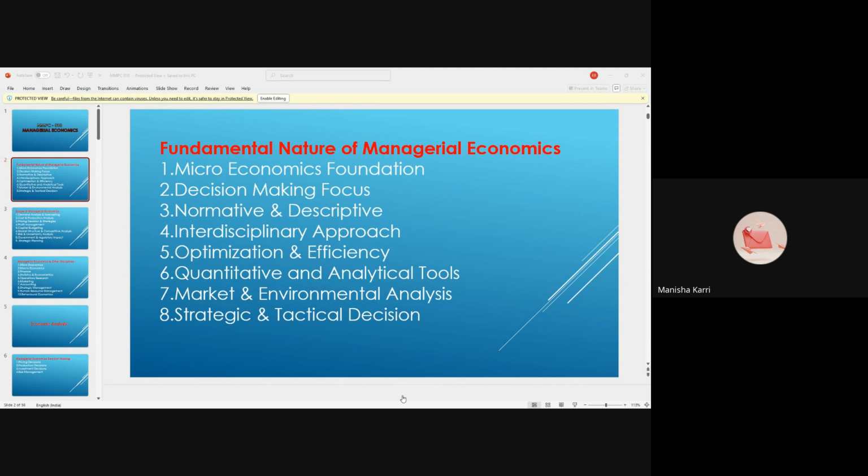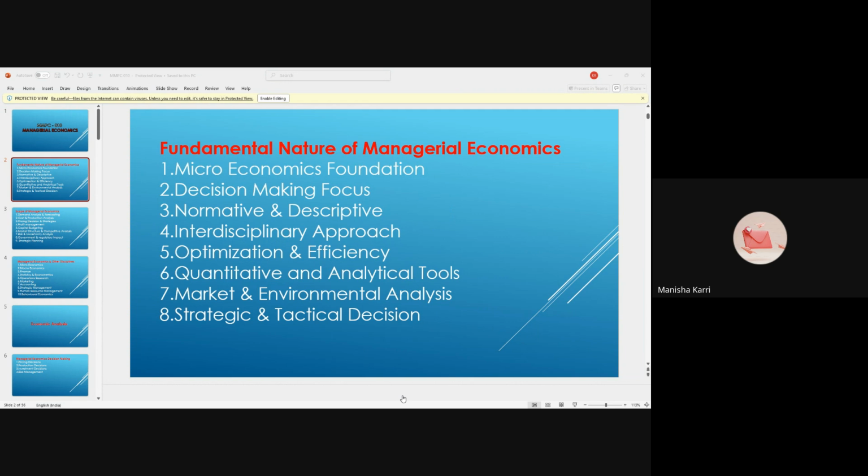Coming to optimization and efficiency, generally this is a key aspect focused on finding the best possible solutions given constraints. Here it makes sure there is efficient use of resources and maximization of value.